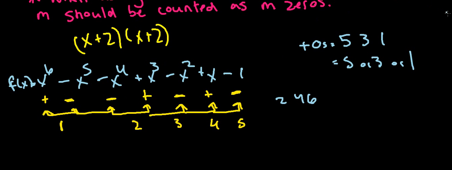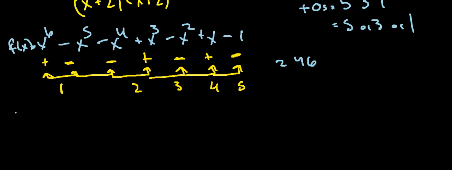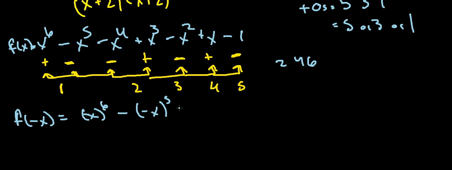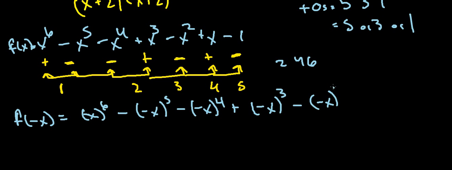And for the negative zeros, we have to put in minus x. So we put in minus x for all of these. So minus x to the 6th, minus x to the 5th, minus x to the 4th, plus minus x to the 3rd, minus minus x squared, plus minus x, minus 1.